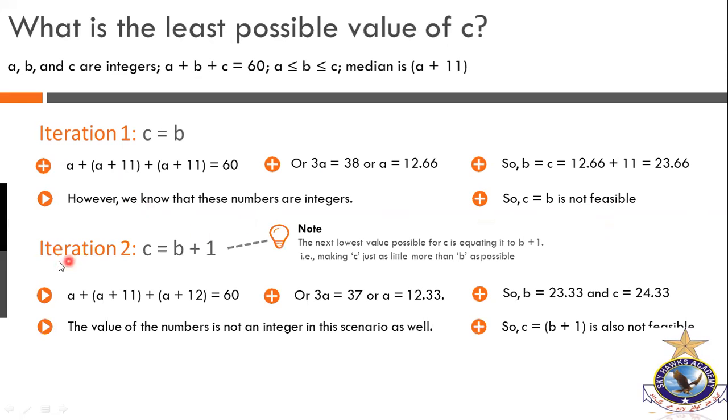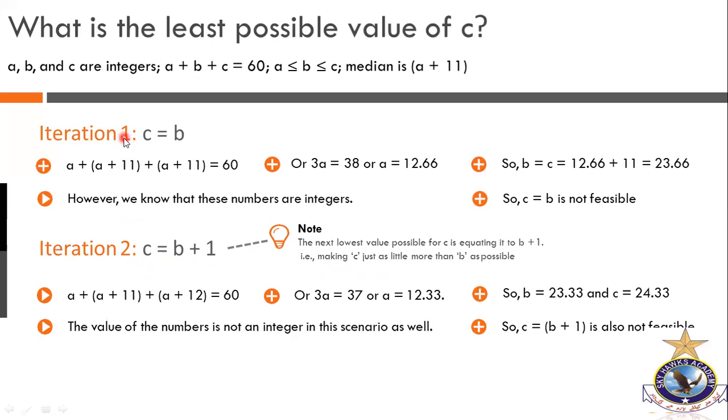Now the second one. Look at this. C is equal to B plus 1. The next lowest value possible for C is equating it to B plus 1, i.e., making C just a little more than B as possible. Okay, that sounds good.